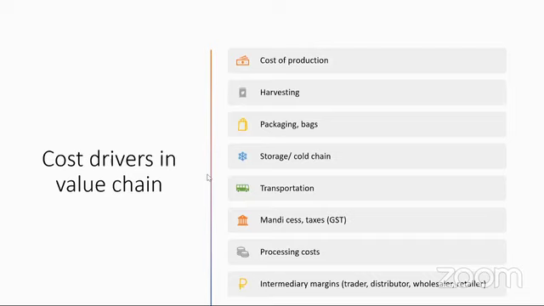I will talk about mustard or oil seeds. The retail price at which a processed oil is being sold determines the overall price that a company is willing to pay for the oil seeds.